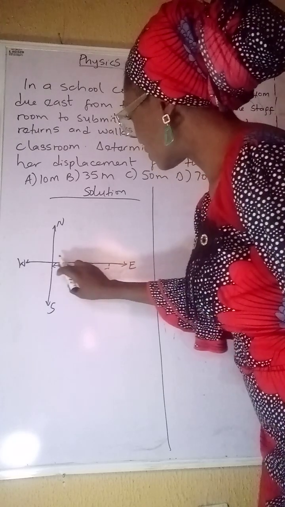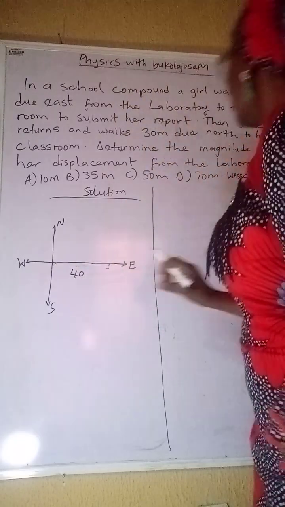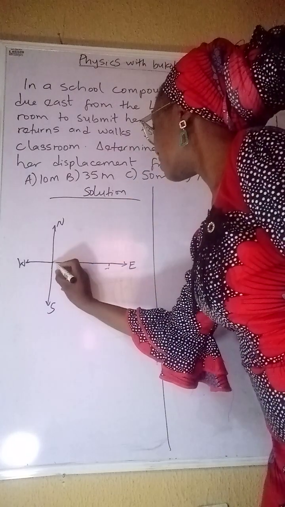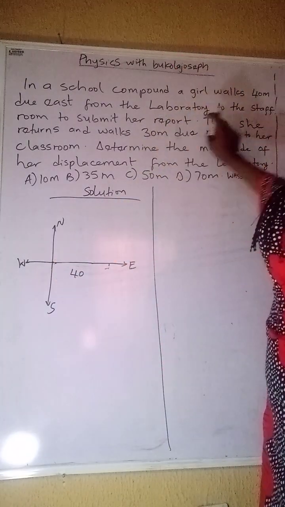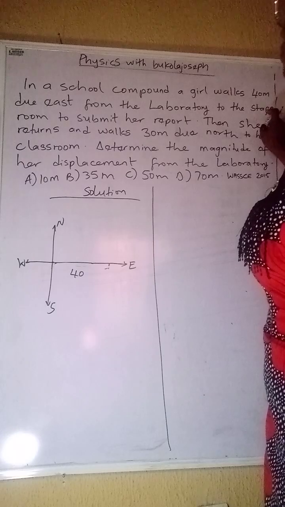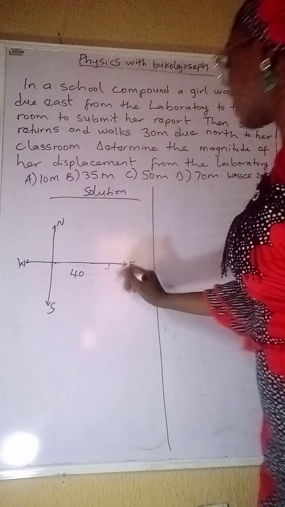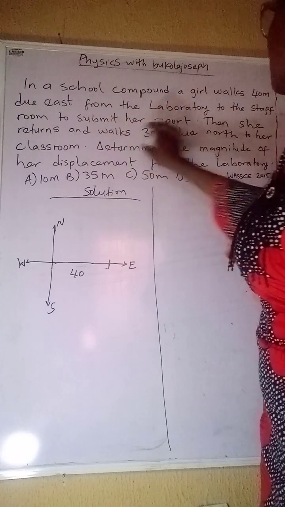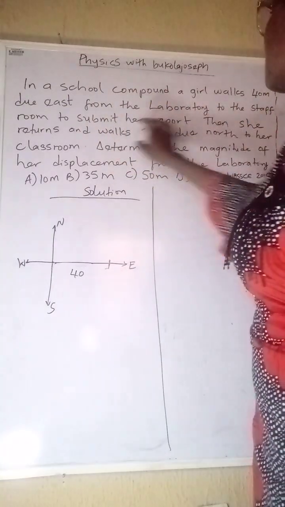Let me wipe this out so it doesn't cause any confusion. Due east from the laboratory. So let's say this is the laboratory, this point. From the laboratory to the staff room, let's say this junction is the staff room, to submit her report.